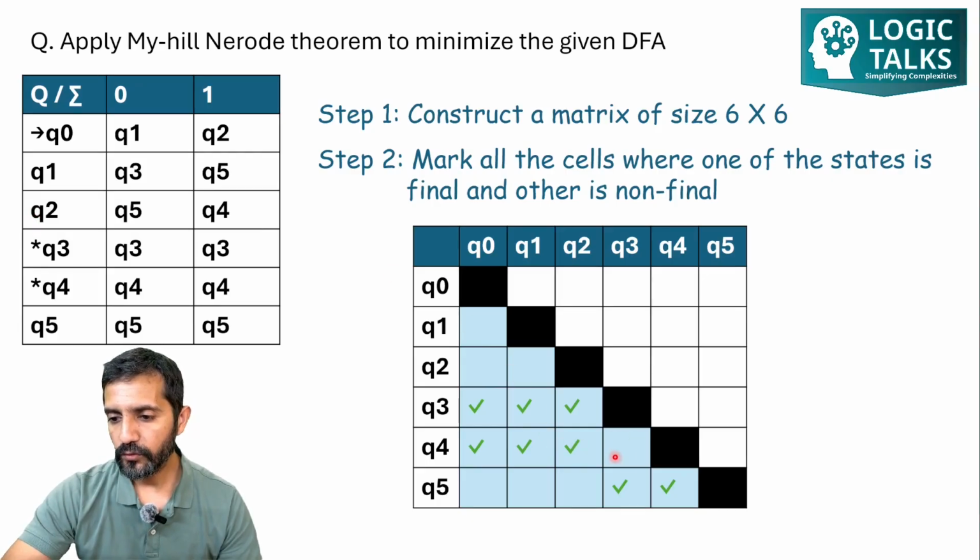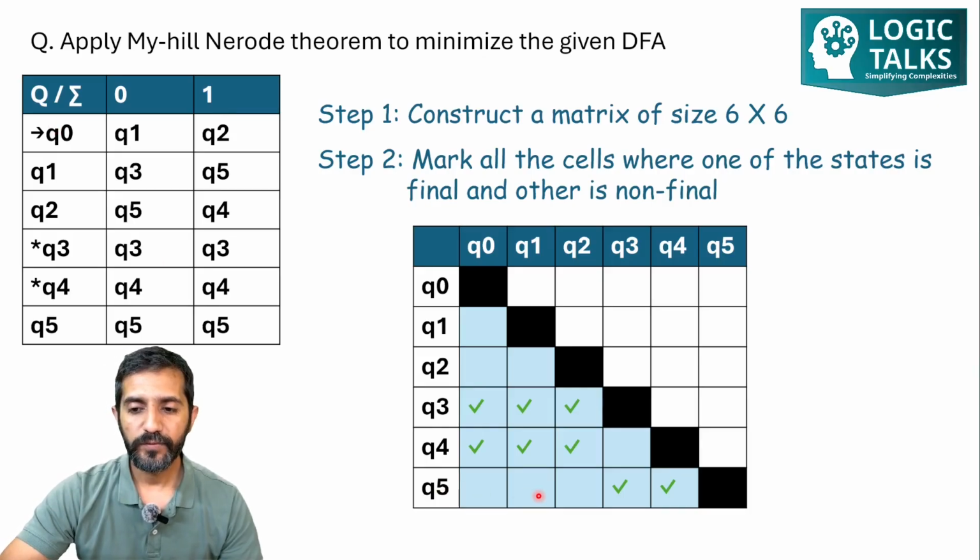Now coming to Q4, Q3. Here Q4 is final and Q3 is also a final state, therefore this cell will not be marked. Whenever both the states are either final or both are non-final, that cell will not be marked. Again we check Q5, Q0: both non-final, not marked.